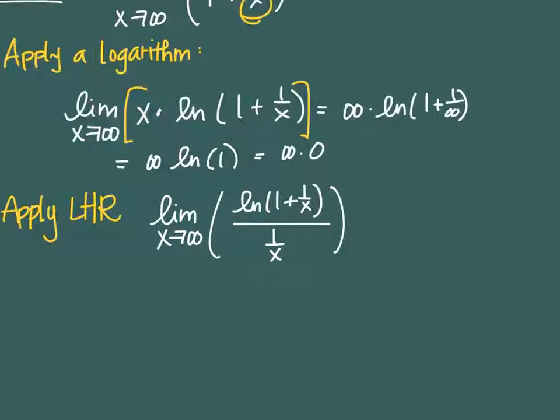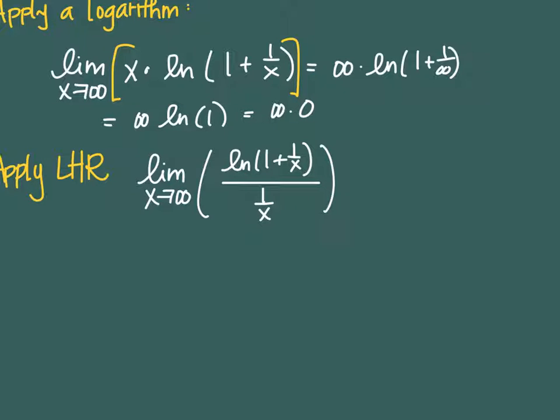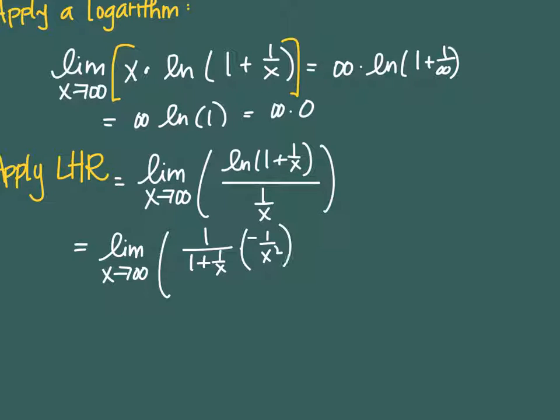Now that it's in the form that we need, we can apply L'Hopital because we have a separate numerator from denominator. The numerator is going to have the derivative 1 over 1 plus 1 over x times Tom's favorite chain rule, negative 1 over x squared. The denominator is also going to have negative 1 over x squared.